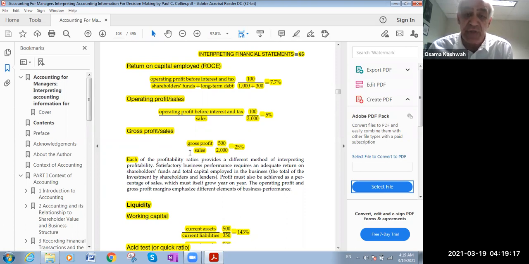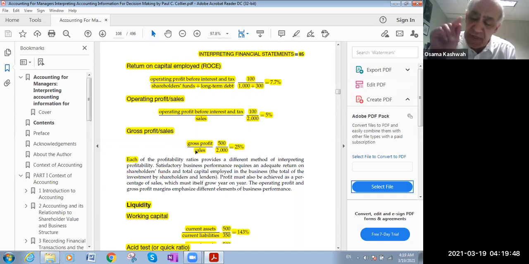You will get the gross profit from the income statement. It is 500. You will divide it by the total sales, not the expected sales. If I give you total sales, 2,000, and expected sales, 3,000, forget about the expected, because based on the accounting principles, we calculate what really happened, the actual sales, not the expected or promised sales.